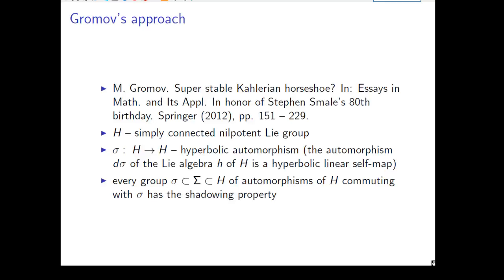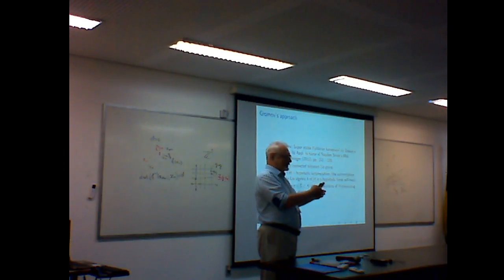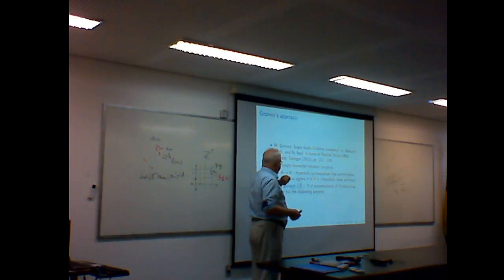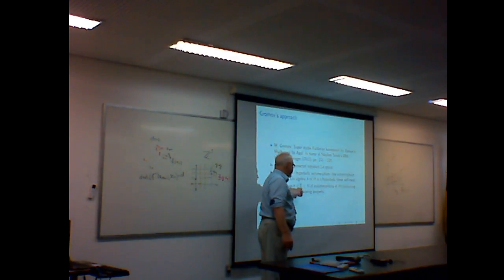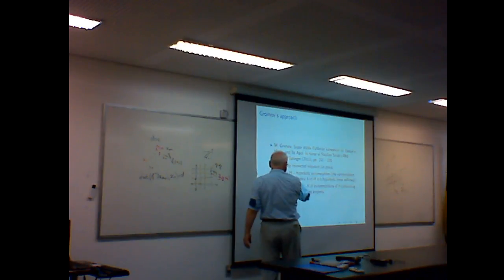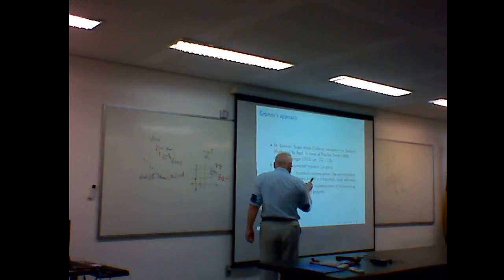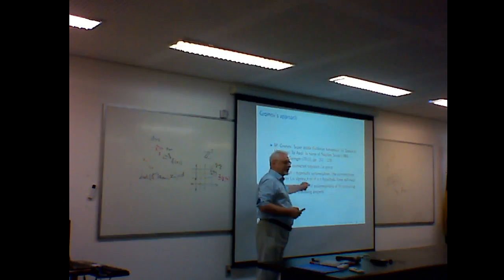If you consider the automorphism of the Lie algebra corresponding to sigma, in our language you take the differential on the tangent space, and it is hyperbolic. Then every subgroup capital sigma of H which contains sigma, if you assume that all its elements commute with sigma, has the shadowing property.